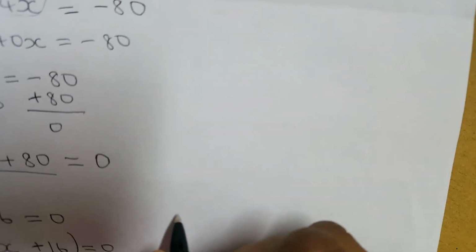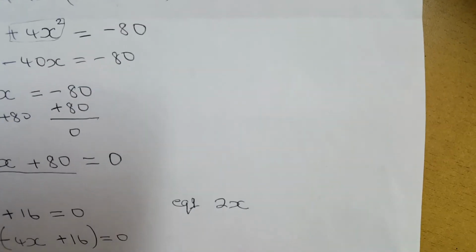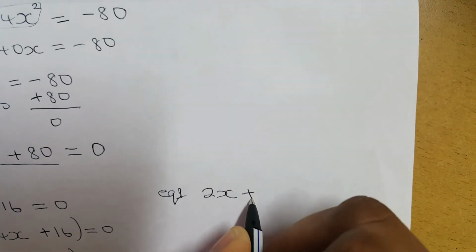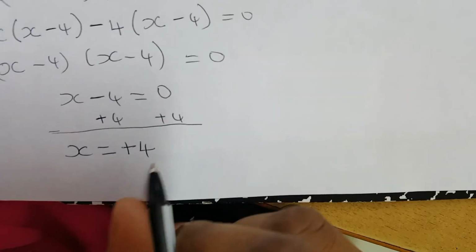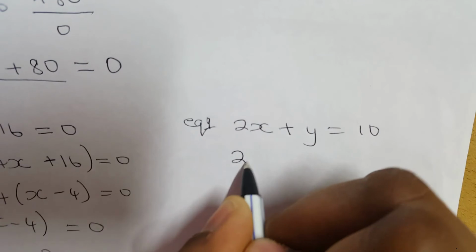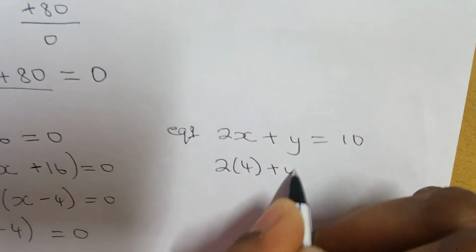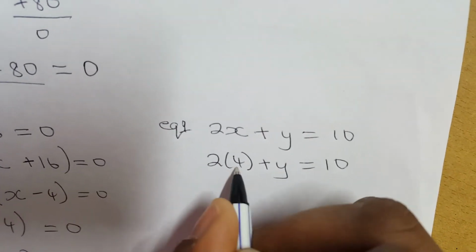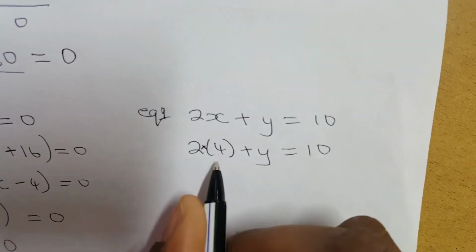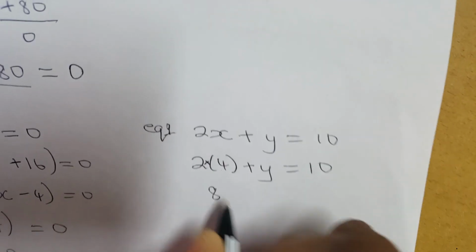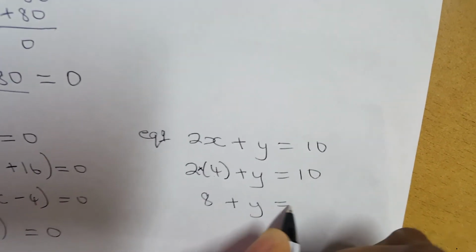Equation 1 says 2x plus y is equal to 10. Now we found that x is equal to positive 4, so we need to use that. So it's 2 by 4 plus y is equal to 10. Remember, these are joined by multiplication. That's why the little bracket is there. So this is 8 plus y is equal to 10.